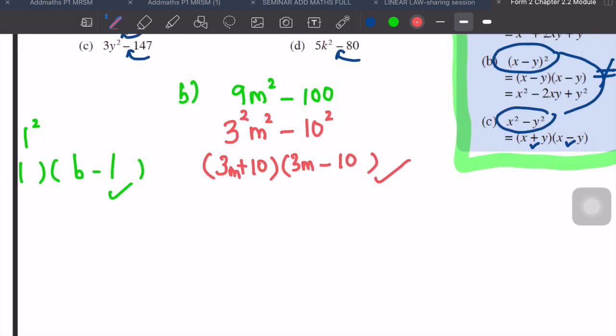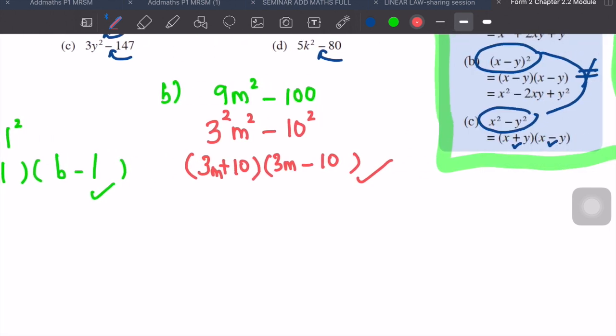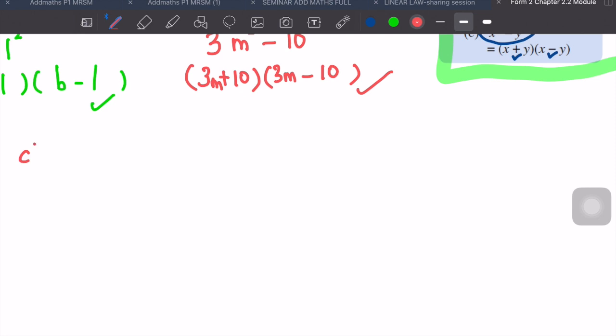Okay, sekarang we proceed with C. What we have in C? Kita ada 3y square minus 147. Tadi cikgu dah pesan kan? Kita cuba tukar dulu jadi nombor perfect square. Sekarang tengok. Kita ada 3 dan 147.